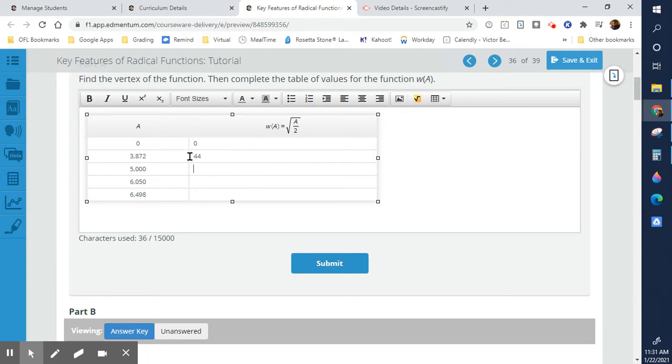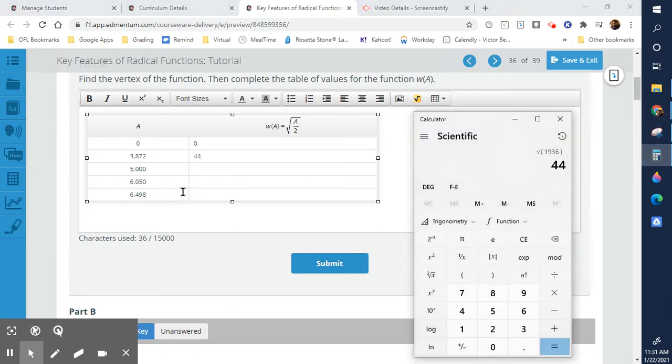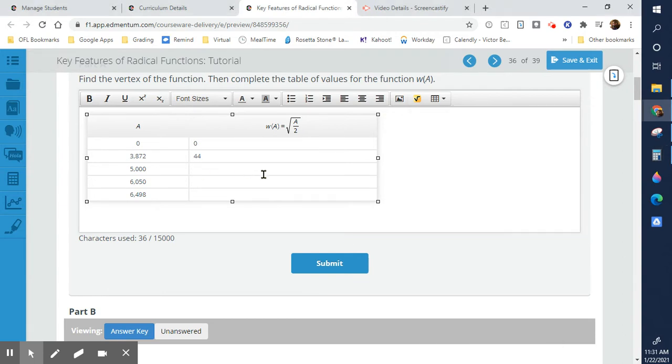The next one, well, give me a second here. So if we divide it by 2, well, that's easy. 50 divided by 2 is 25. So we're doing 2,500 square root it, 50.